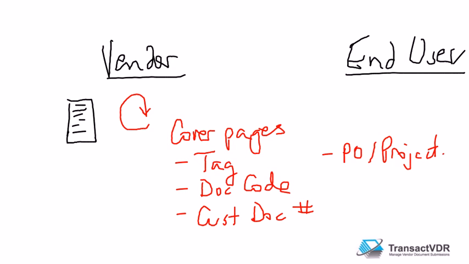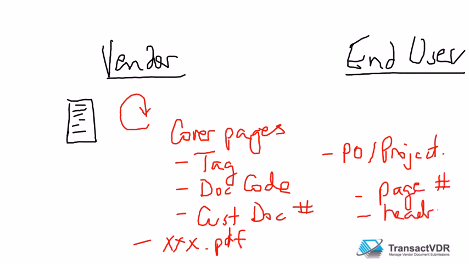The file, then, we must have a properly named file, xxx.pdf, based on the format required by the customer. There are things like page numbers and headers and footers, which all must be created and appended, printed, and merged on top of the original document.